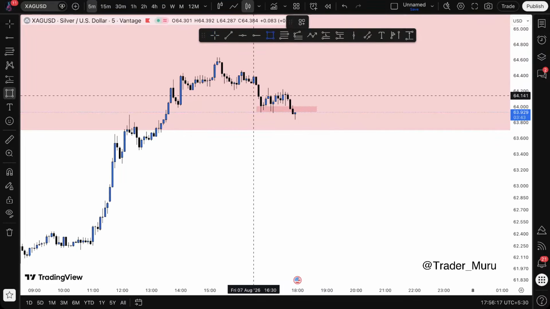Possible weak area, this one. Equal highs. If you get this, price can drop. Target will be this one, 63,257, or you can take 62,900.